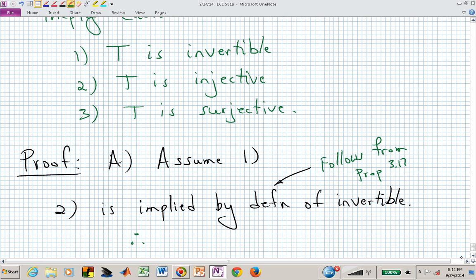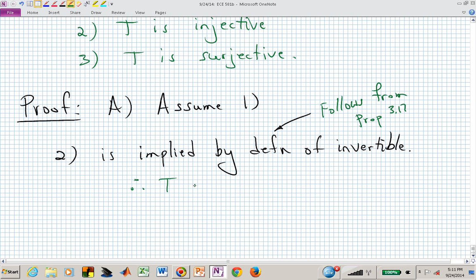And that then says, therefore, T is injective, or statement 1 implied statement 2, just from the fact that we had an invertible map.